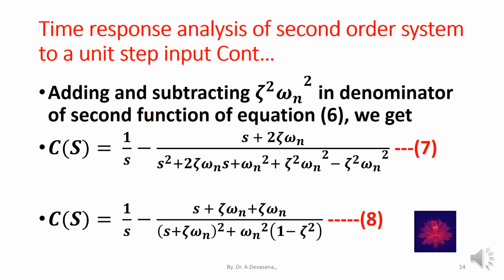That is C(s) is equal to 1/s minus, in the numerator we have split 2ζωn as ζωn and ζωn, so we get (s + ζωn + ζωn) the whole divided by, combining the terms in the denominator, (s + ζωn)² + ωn²(1 minus ζ²). Consider this as equation 8.